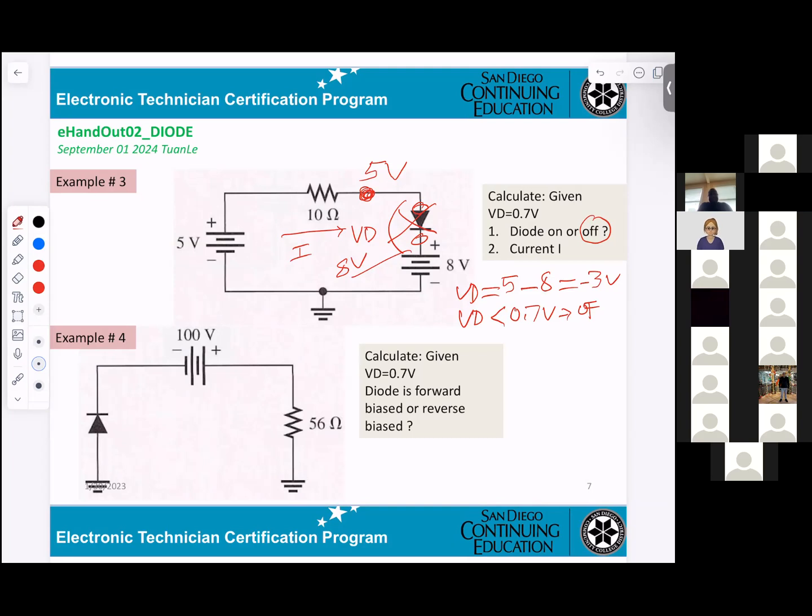If VD is less than 0.7, then the diode is off. When diode is off, you have to substitute the diode with the open circuit. That is the key point to understand the diode.